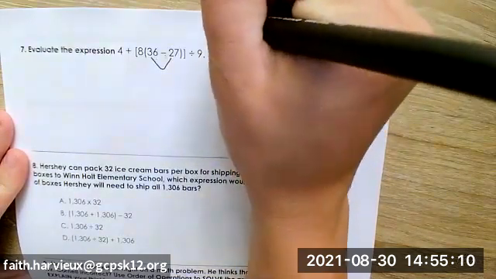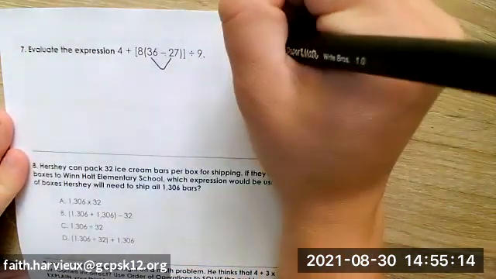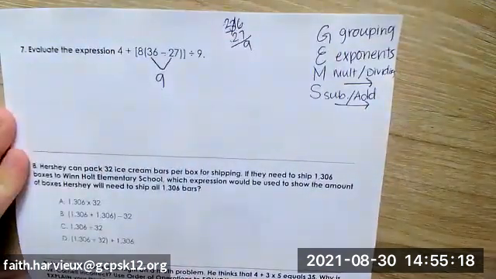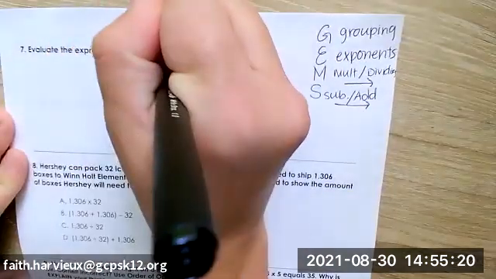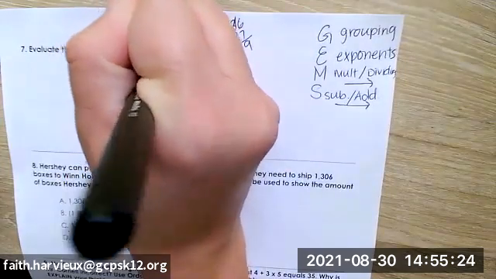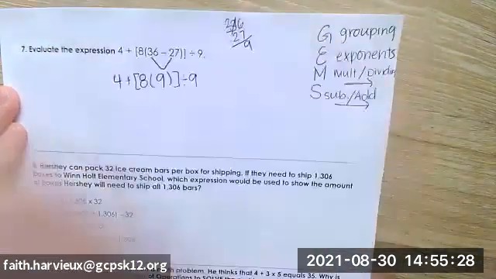6 minus 7 can't do it. 16 minus 7 is 9. And 2 minus 2 is 0. So this comes out to be 9. Now I have my new expression.